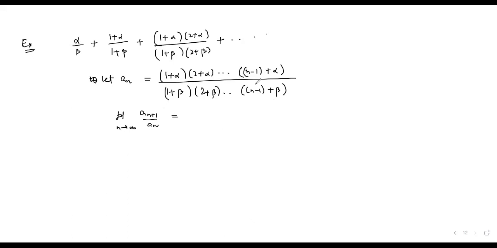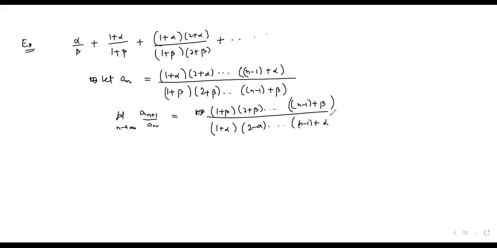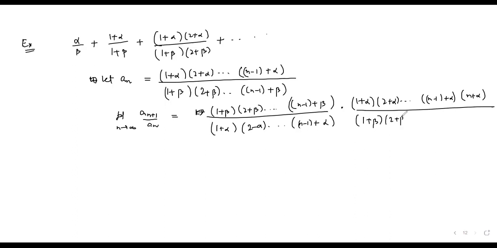So this would be equal to n plus 1 जब आएगा तो यहाँ n तक जाएगा यानी you should have 1 plus alpha 1 by n है तो it should be 1 plus beta into 2 plus beta n minus 1 plus beta in the denominator of 1 plus alpha into 2 plus alpha ठीक है so it is in the denominator n minus 1 plus alpha और अब आएगा ऊपर है n plus 1 so it should be 1 plus alpha 2 plus alpha n minus 1 plus alpha into n plus alpha और नीचे और इसी तरह से 1 plus beta 2 plus beta n minus 1 plus beta into n plus beta.